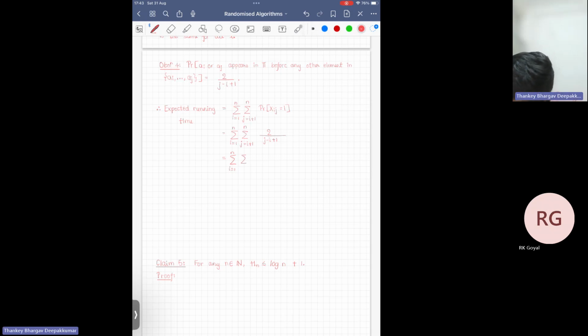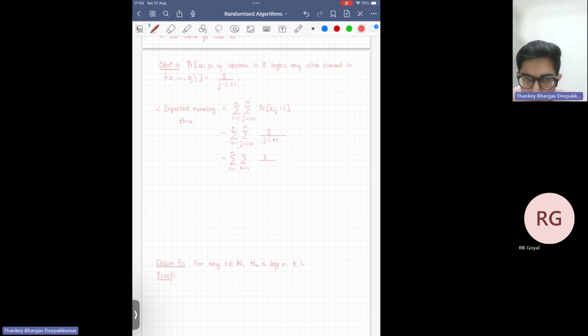Let me change the sums. So I want to set k to be j minus i plus 1. Okay, so here's one way to do it.